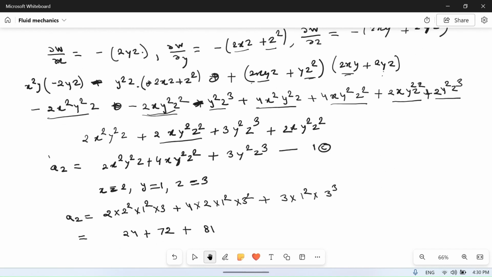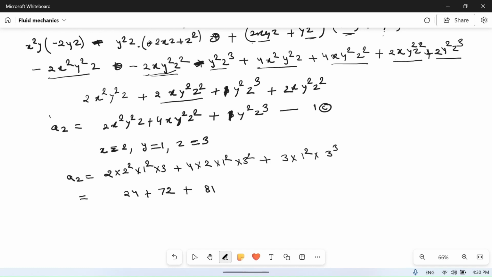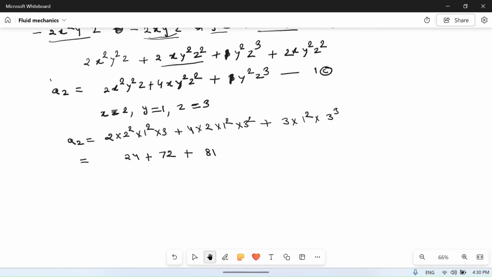So this was minus and this y²z³ was plus, so this will become 1 y²z³. So this is 27 only. So if we add all this, then we will get 123. Sorry, that's the only mistake I was trying to find out. So this will become 123.